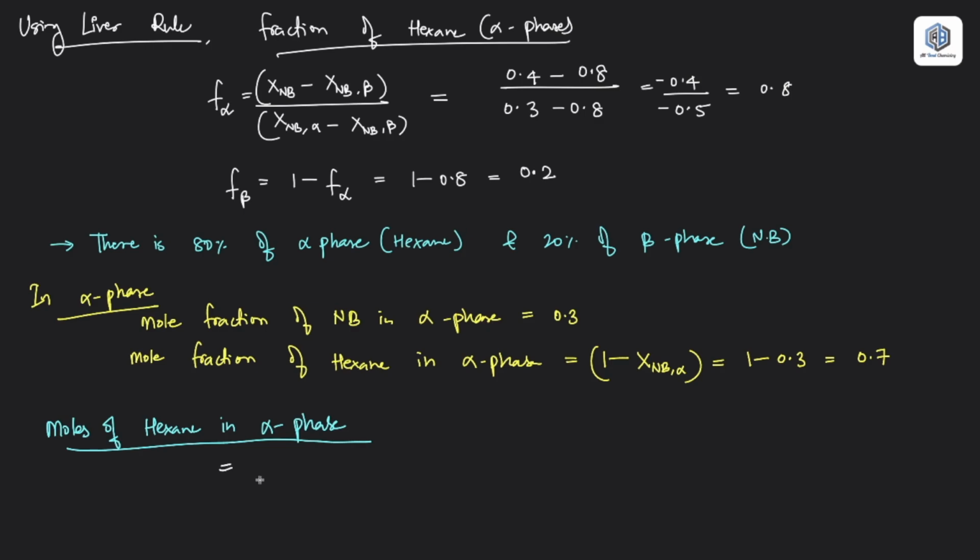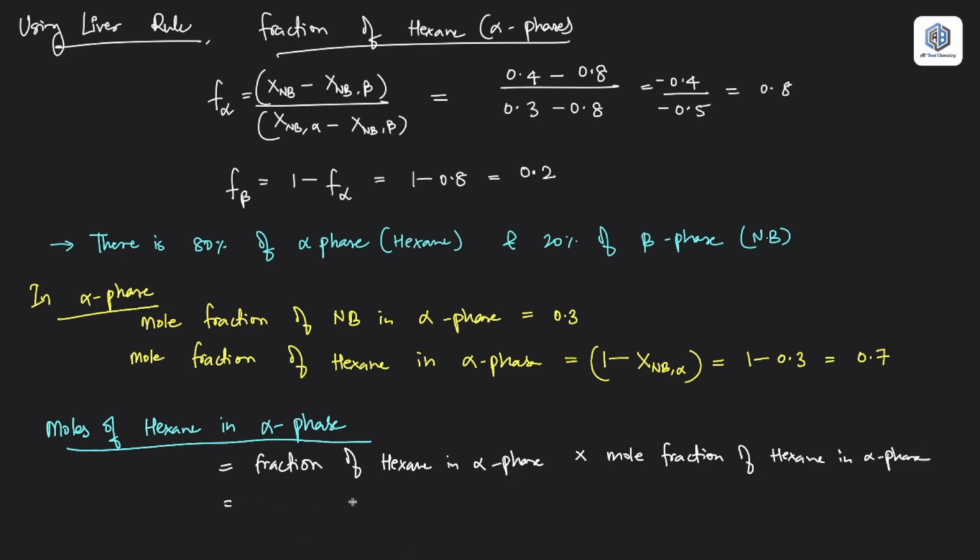I mean, we have to multiply the fraction of hexane in alpha phase with the mole fraction of hexane in alpha phase.